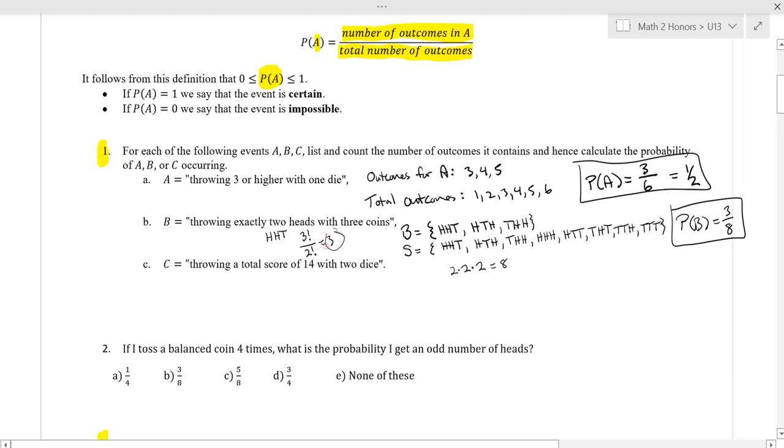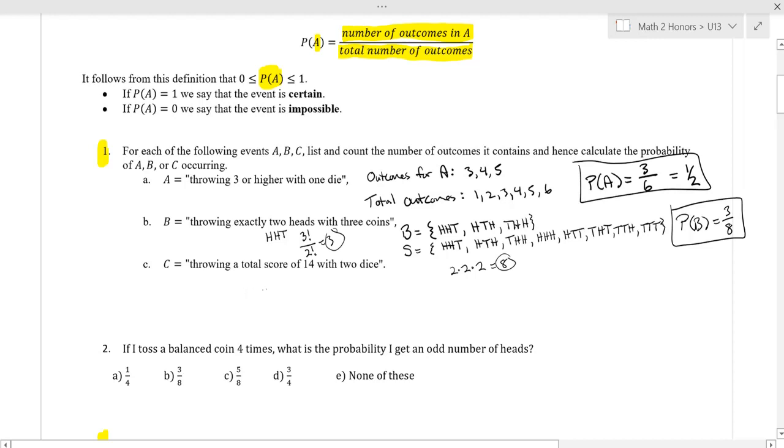So we can count the numerator, we can count the denominator, and get 3 out of 8. Sometimes when you have a whole bunch of things and you don't want to list them out, some of these fancy ways of counting, whether using combinations, permutations, or the fundamental counting principle, can be helpful to us. All right, part C, throwing a total score of 14 with 2 dice.